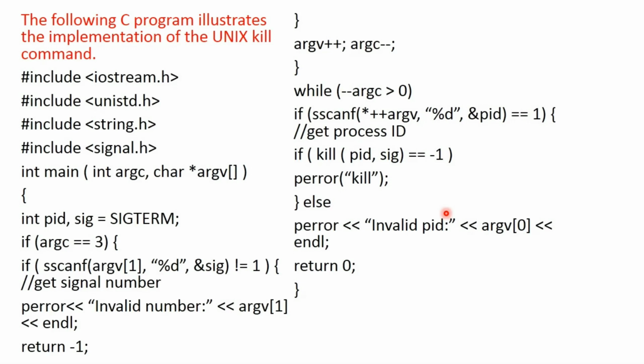It means that through the kill API you are sending a SIGTERM signal to the process ID stored in PID. If the kill API fails in sending the signal, it returns -1 and you get an error message. Otherwise the signal is sent to the particular process which has the process ID given in the command line arguments. This is the way to implement the kill command by calling the kill API.